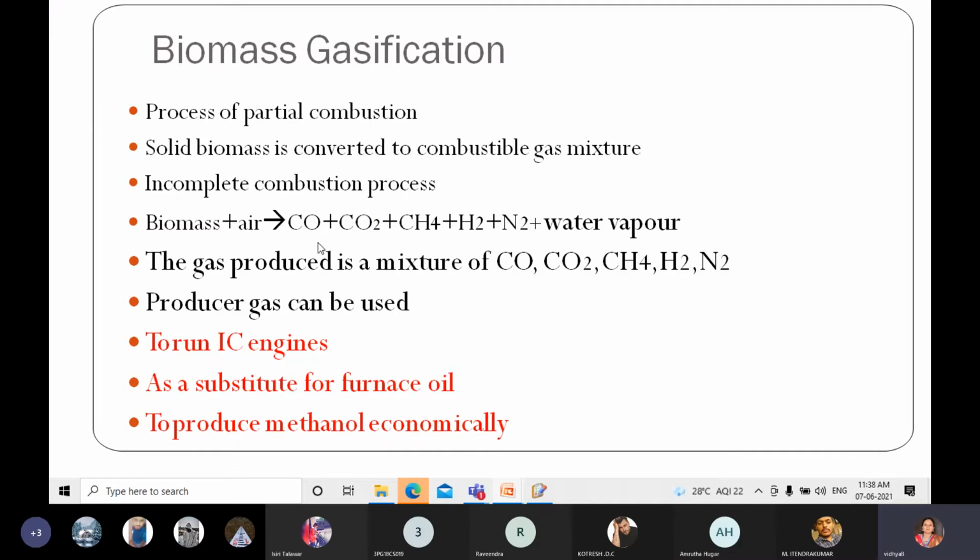You can observe this equation. This is about biomass gasification. It is a process of partial combustion, and solid biomass is converted to a combustible gas mixture by an incomplete combustion process. If you remember this equation, that's enough: what the input is and what output we get, which can be used to run IC engines, as a substitute for furnace oil, and to produce methanol economically.